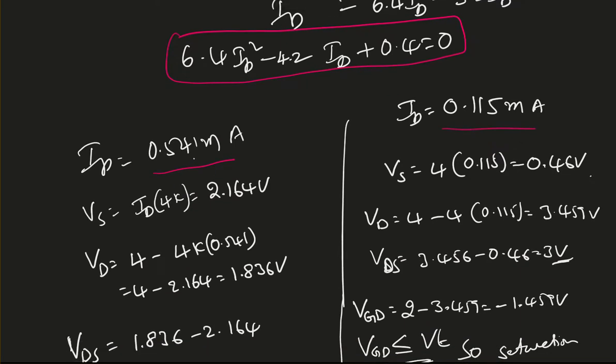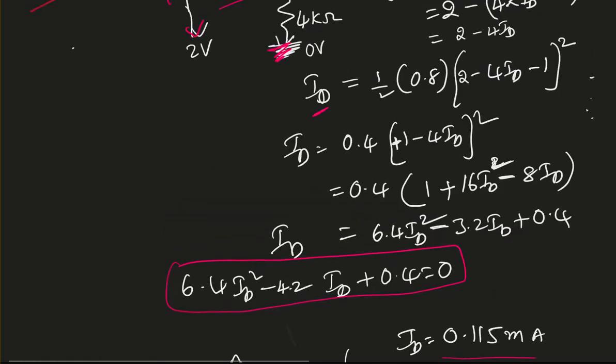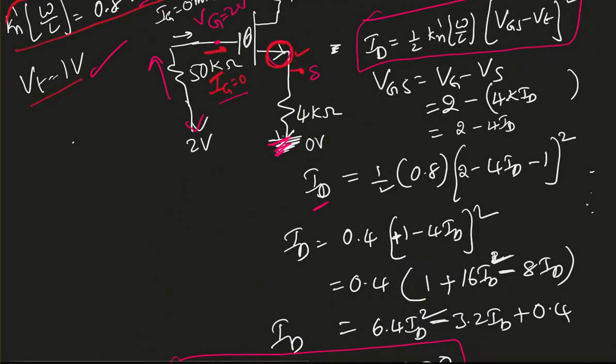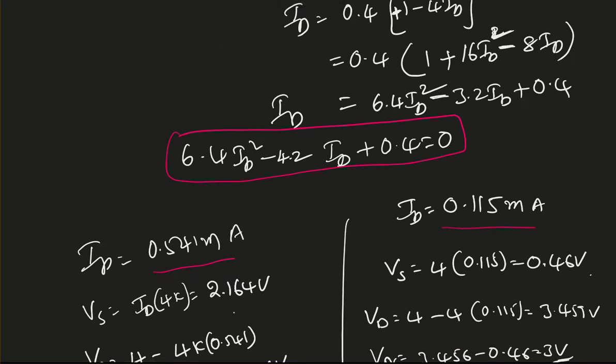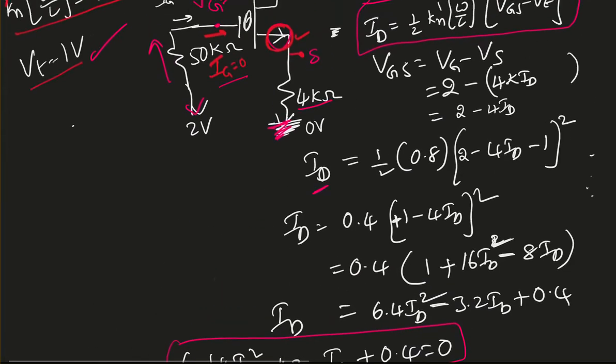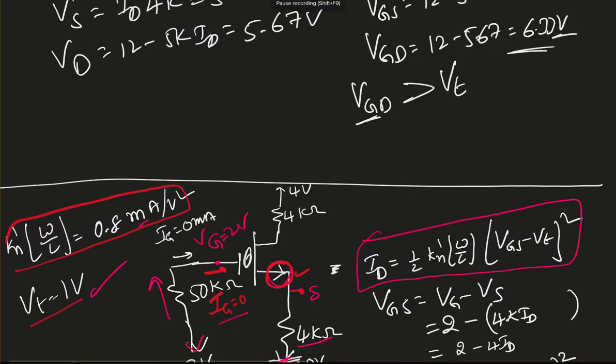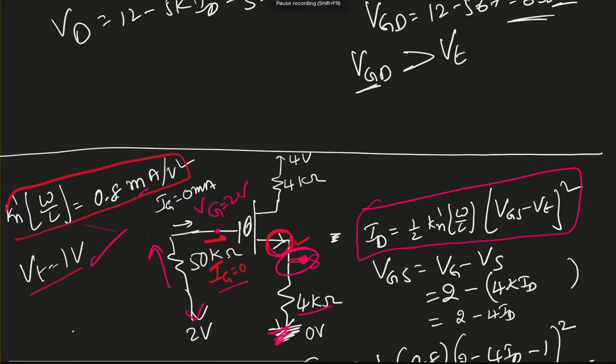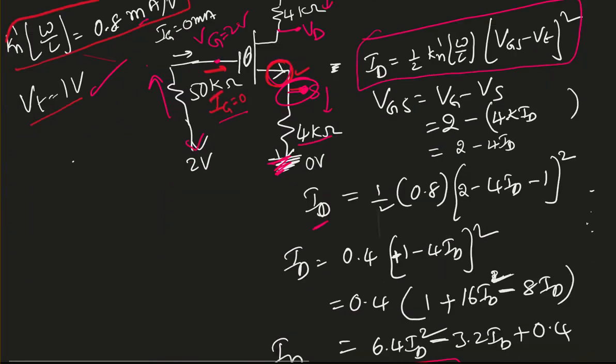If I take 0.541, VS, the voltage across this 4 kilo ohm, we found as 2.164. Actually I do not care about the voltage across this 4 kilo ohm. All I care for is the voltage right there. Same thing, I'm going to care for VD right there. So 4 minus VD equal to 4K times ID. Remember, the current passing through this and this is the same because the gate current is 0.